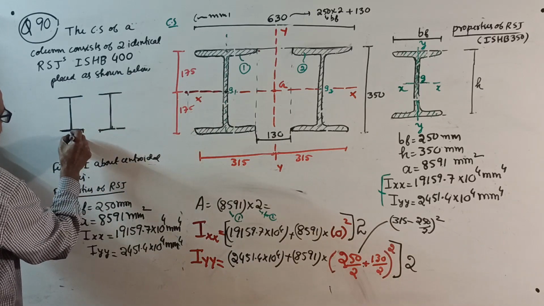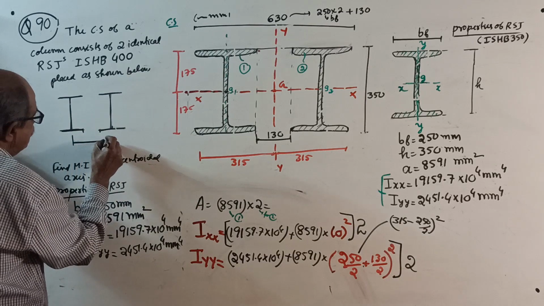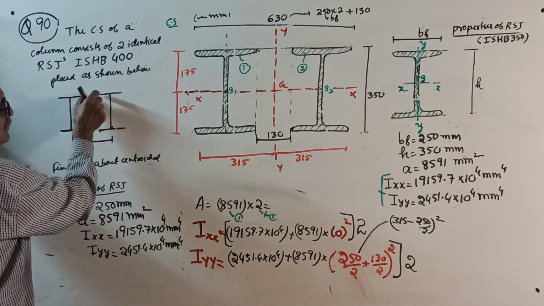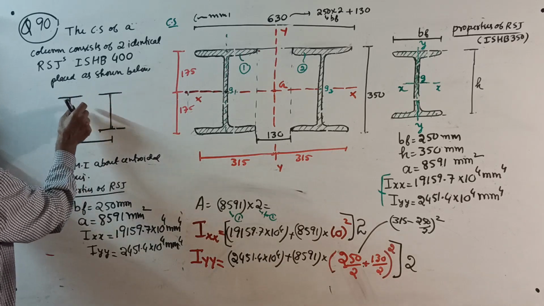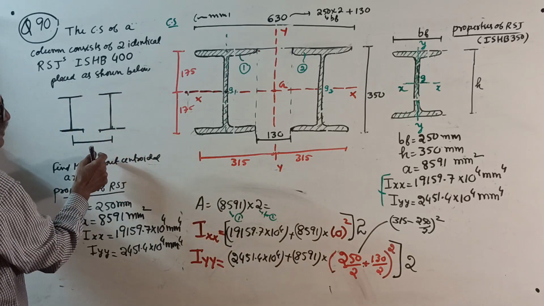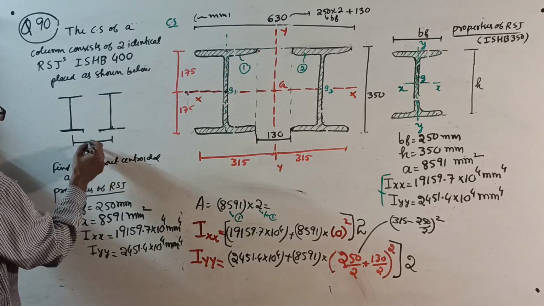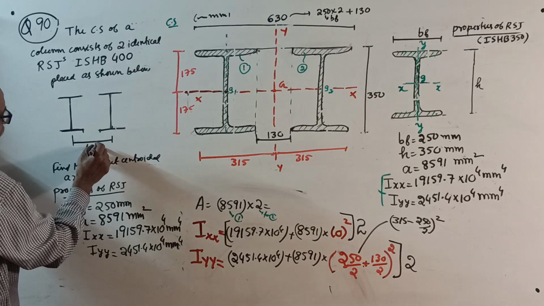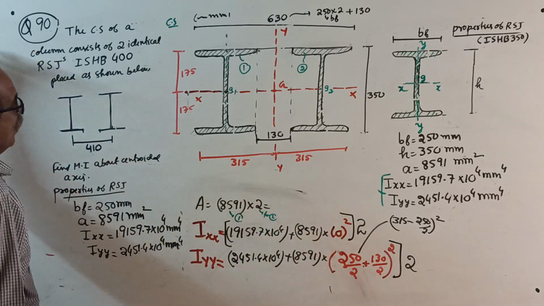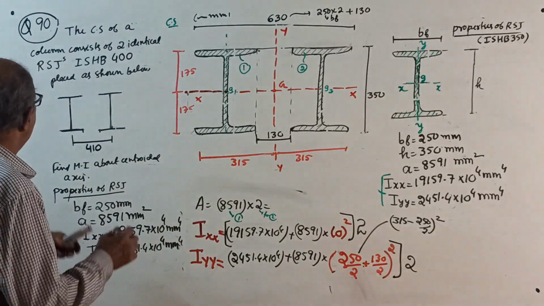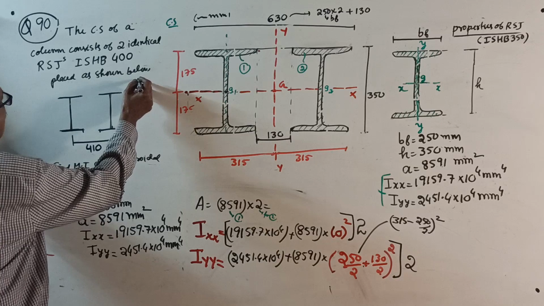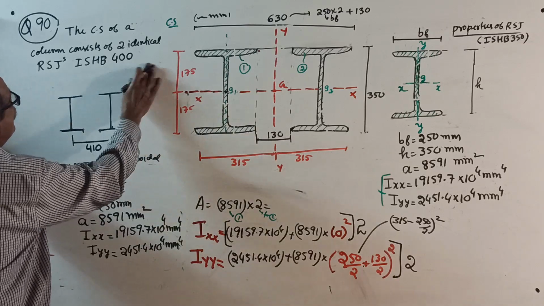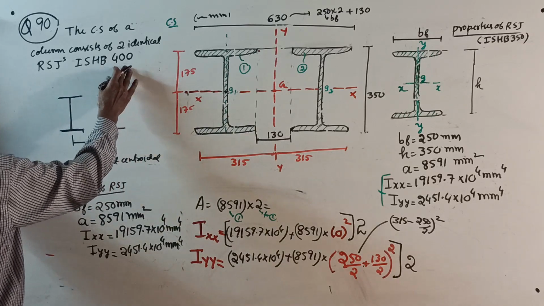See, 250 plus 250, 125, 125 is 250. 250 plus around 160, 250, 160 is 410. Okay, 410. Or, see, width below, not over. 400. See, identical, I put the sketch once again.